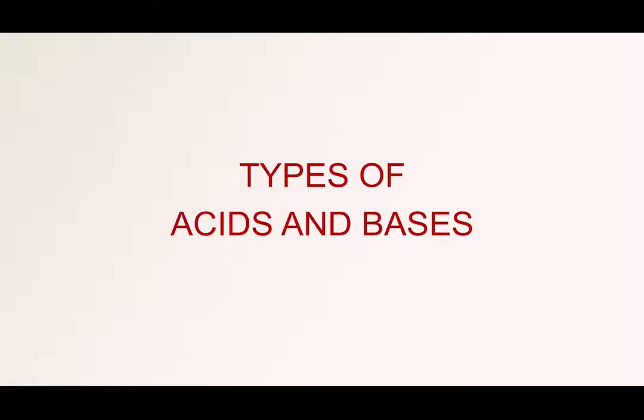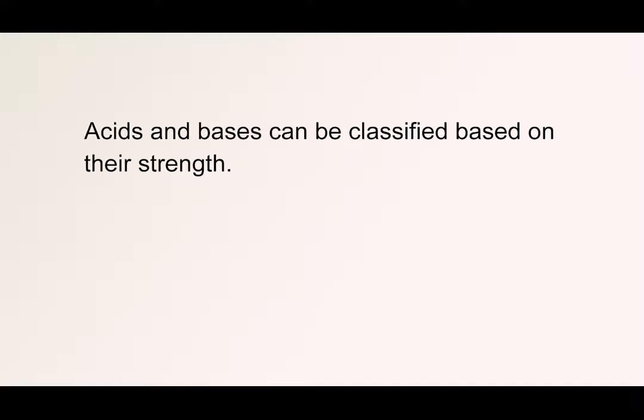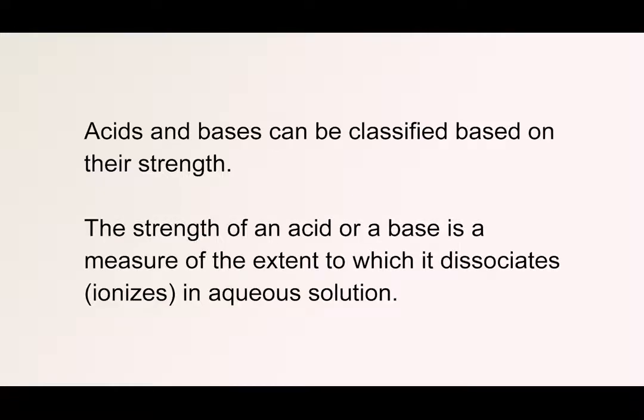Let's now continue with the types of acids and bases. Acids and bases can be classified based on their strength. The strength of an acid or a base is a measure of the extent to which it dissociates or ionizes in aqueous solution.